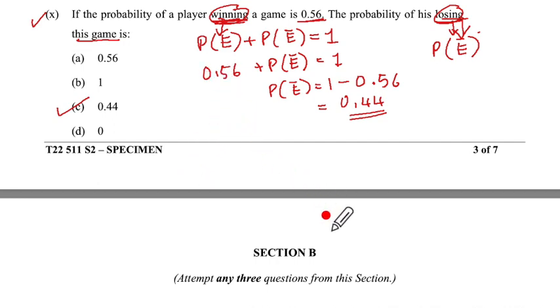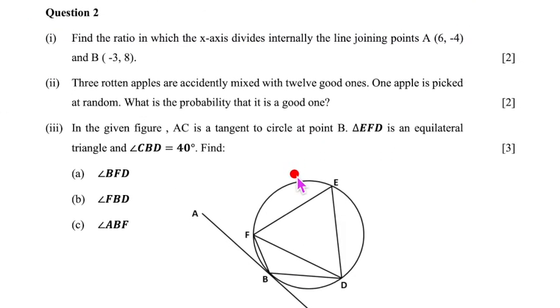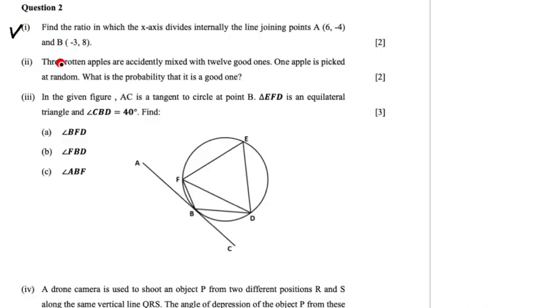Section A done. Now in section B, we have to solve 3 questions. Let us look at the different questions one by one. So we come to question number 2. Find the ratio in which the x-axis divides internally the line joining the points A and B. Initially, when we start something like this, it is better that we draw a diagram.